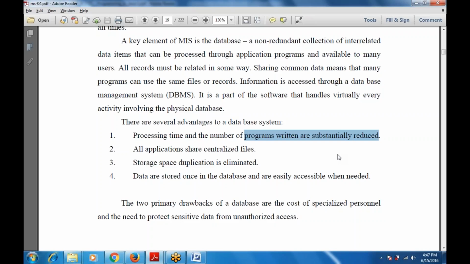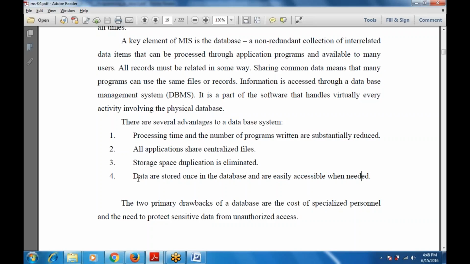The next one is that storage space duplication is eliminated. So whenever there is storage space duplication, that is eliminated, so there is no duplicated data. There is only one copy of the data, that is non-redundant data, available within the database management system. The next one is that data are stored once in the database and easily accessible when needed.